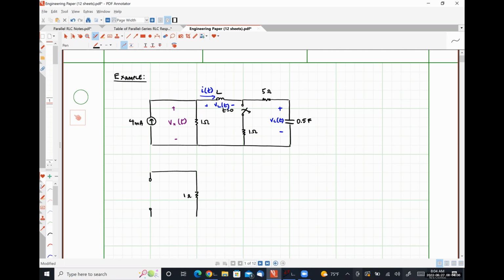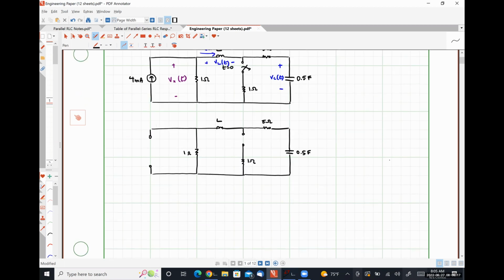We are going to have a 1 ohm resistor here, our inductor L here, and during the transient condition our switch is open, so that's why we have an open circuit in that branch. Here we have our 5 ohm resistor, and here we have our 1/2 farad capacitor.